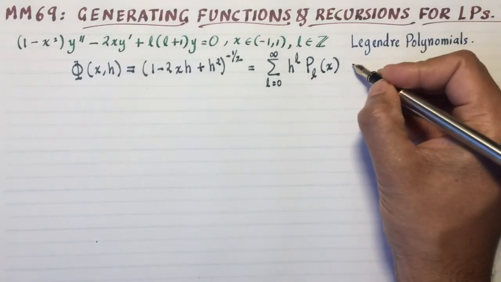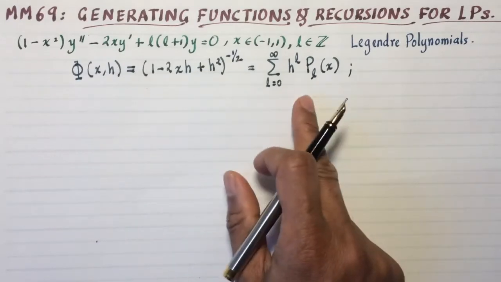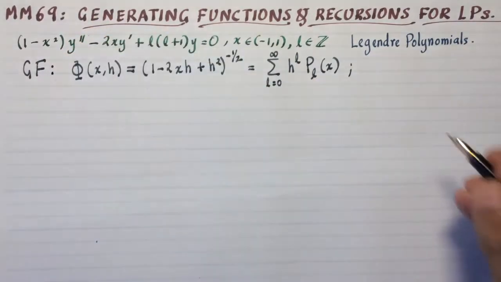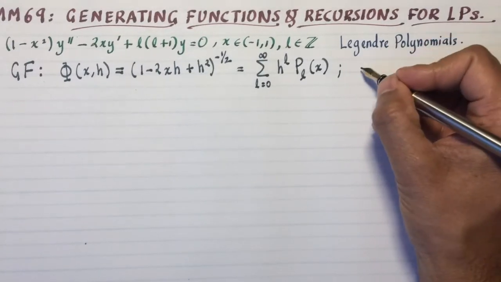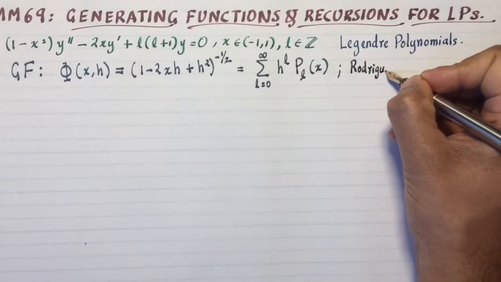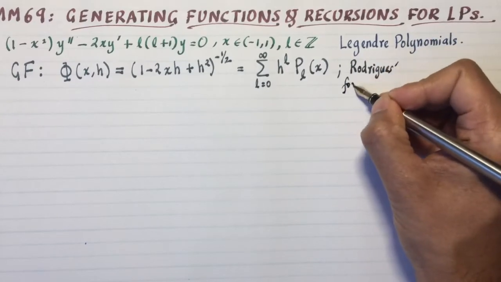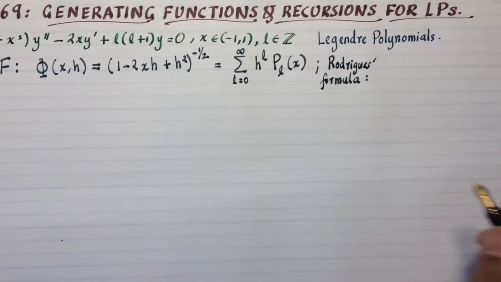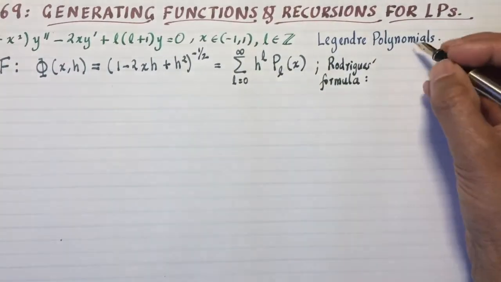Now each of these famous differential equations, in addition to having a generating function, which I'll abbreviate here GF, also has an associated formula known as the Rodrigues formula. The Rodrigues formula can be directly derived from these generating functions.